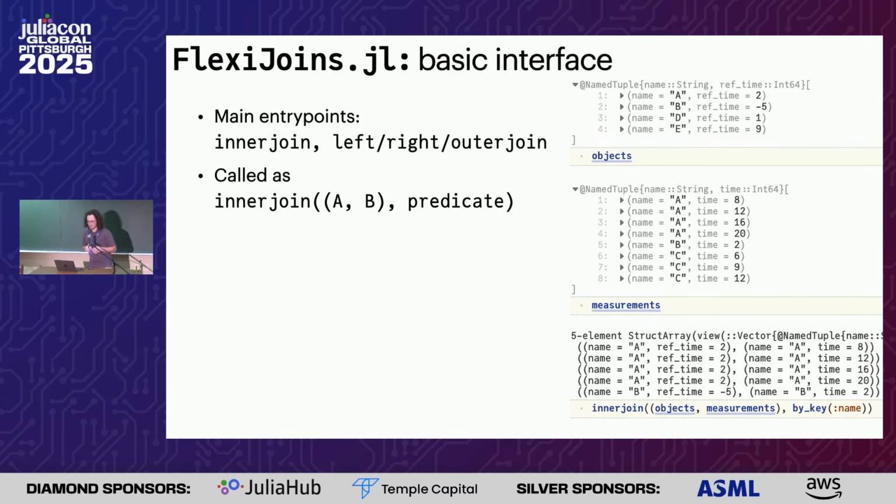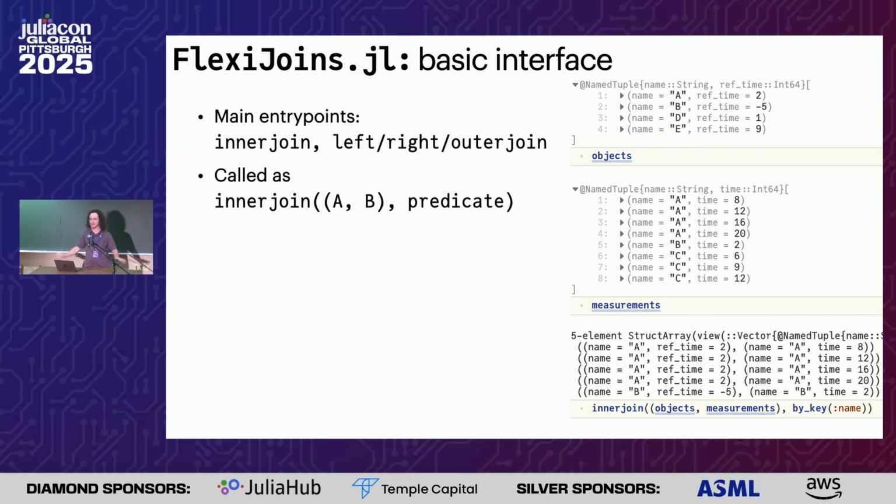The main entry point that you generally use is just innerjoin, or the corresponding equivalents for left, right, and outer joins. Basically, you call it as innerjoin with two of your datasets and the predicate. Here, it's a very simple example. You have just two tables, a table of objects and a table of measurements, and you want to match every object with its measurements, and you specify the by-key match, matching by name.